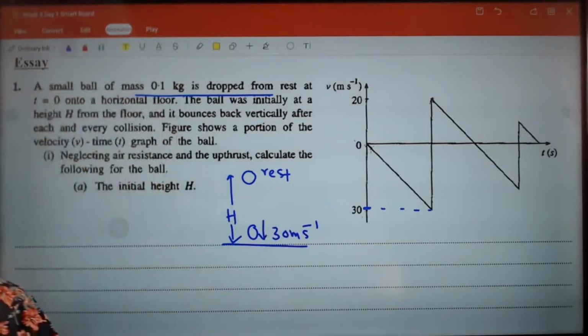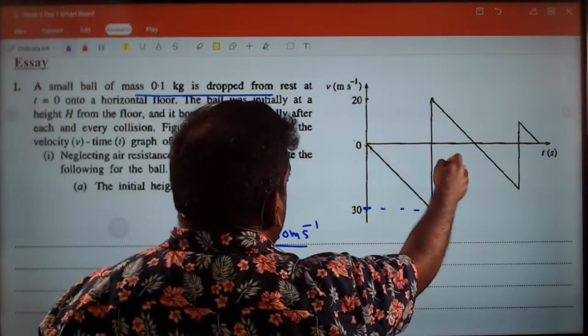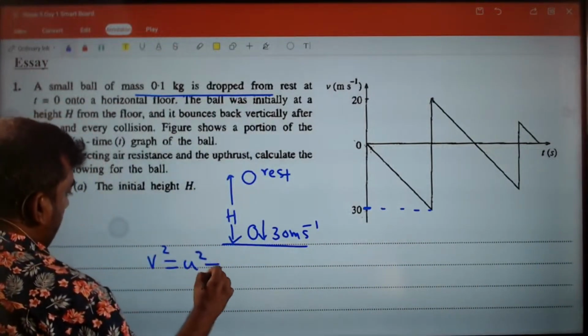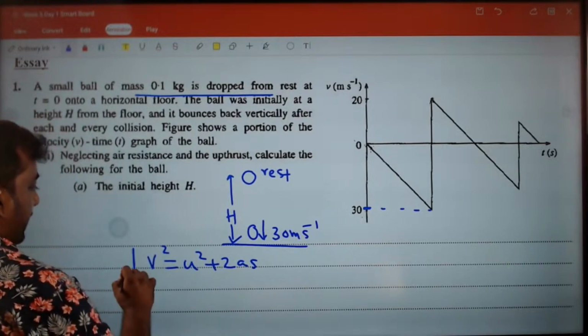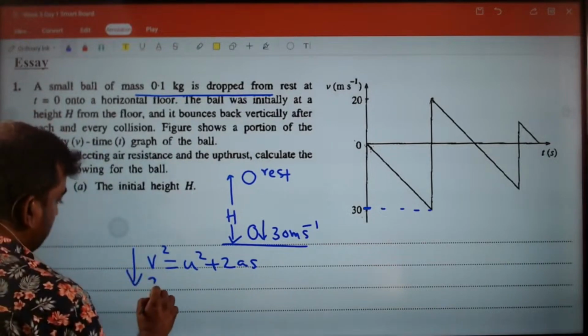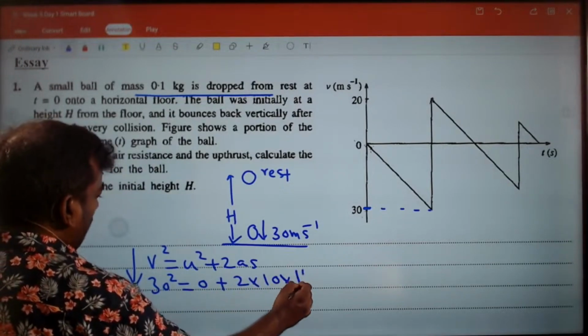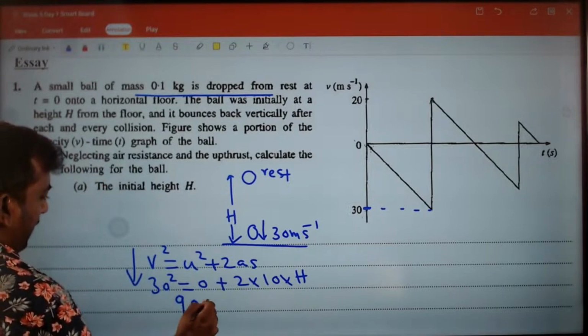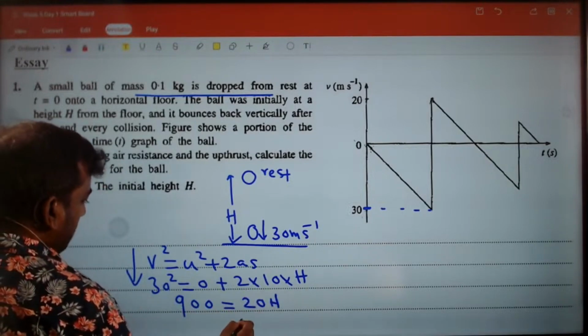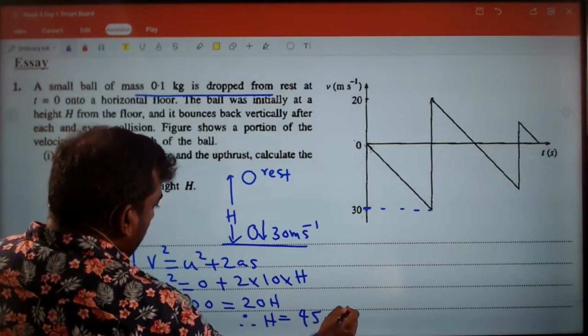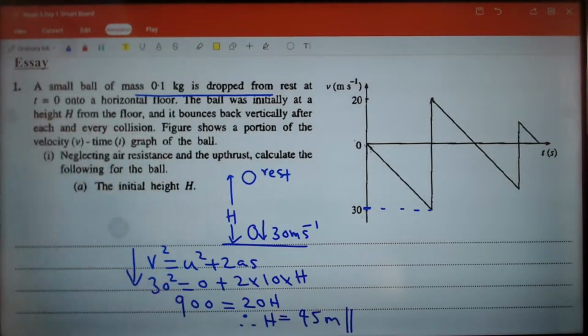What's the height? You can take the area under the graph or apply equations. V squared equals U squared plus 2AS vertically downward. Final velocity 30 squared, initially from rest, acceleration under gravity times h. 900 equals 20h. Therefore h is 45 meters.